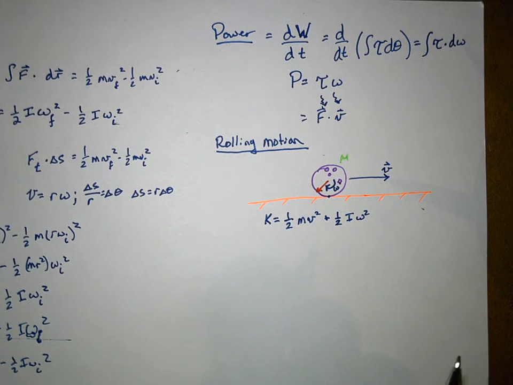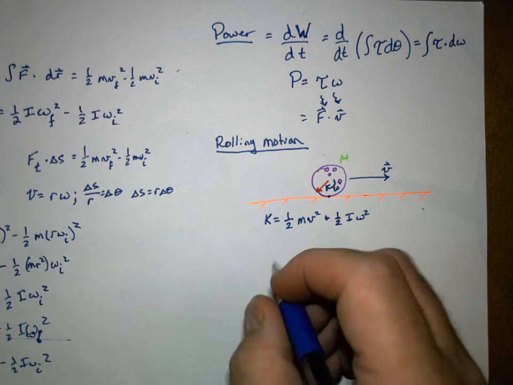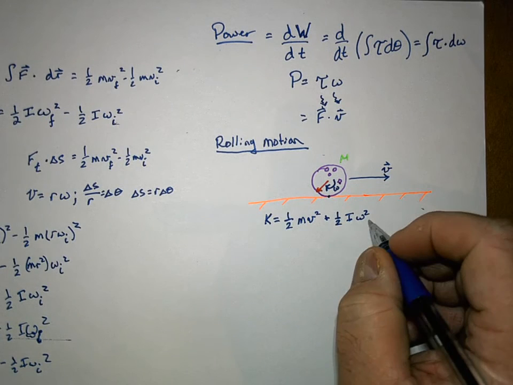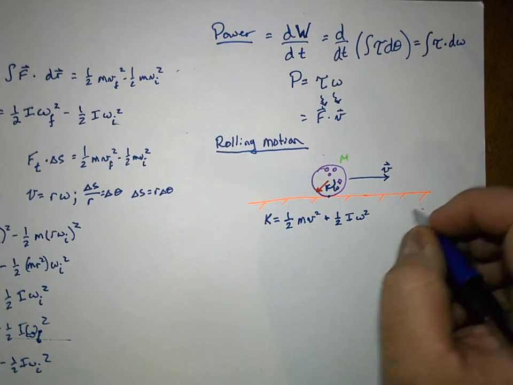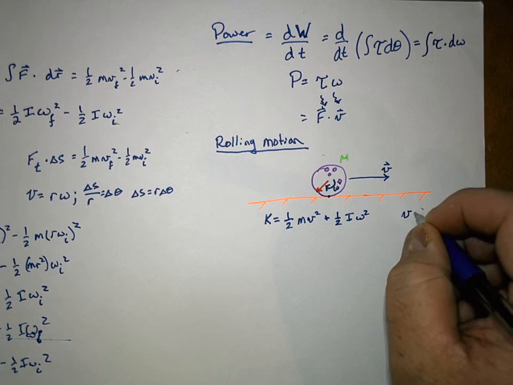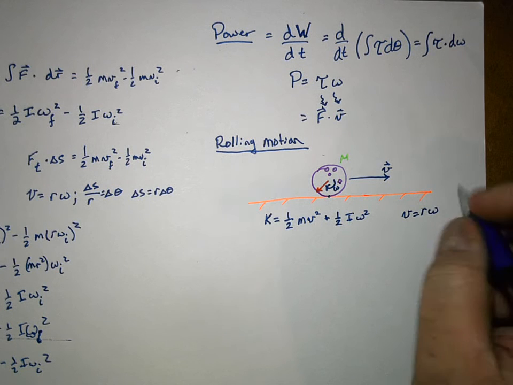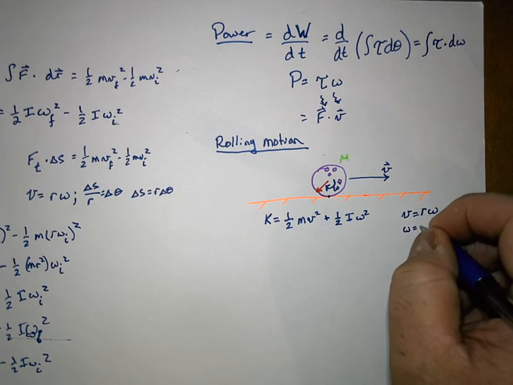So what's going to happen here? Well, we need some way of relating our velocity and our angular velocity, and we know that velocity equals r omega, or we can rewrite this as omega equals velocity over our radius.